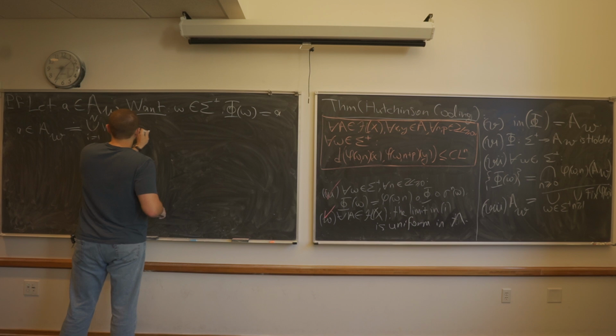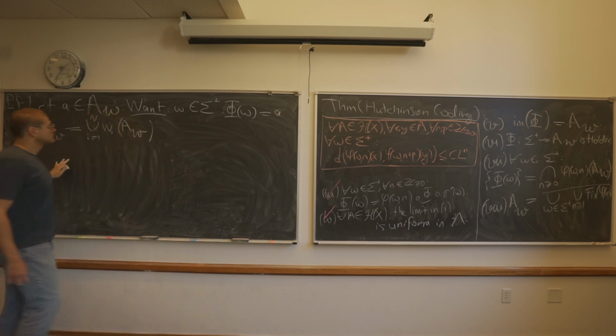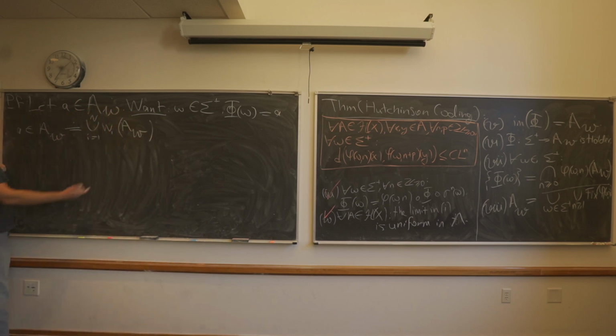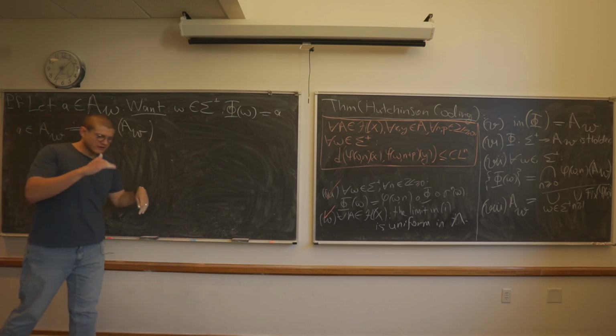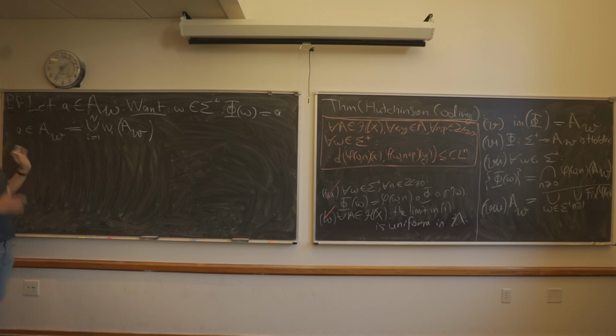Right, because A sub W is supposed to be the unique fixed point of the Hutchinson operator. If this is the case, that means that there is some point in the attractor and some index such that A equals W sub i applied to that point.